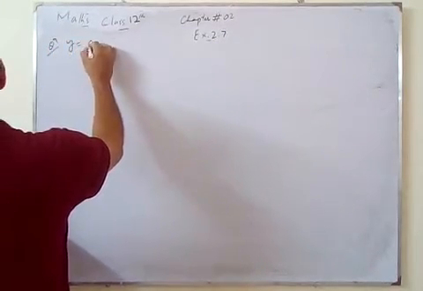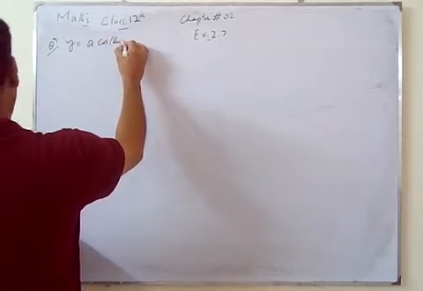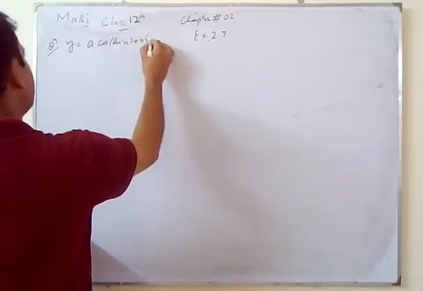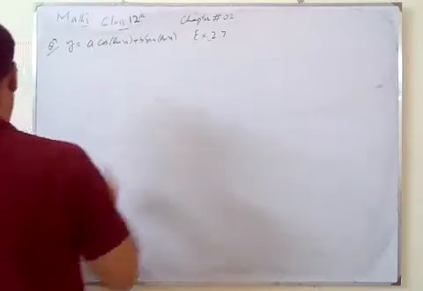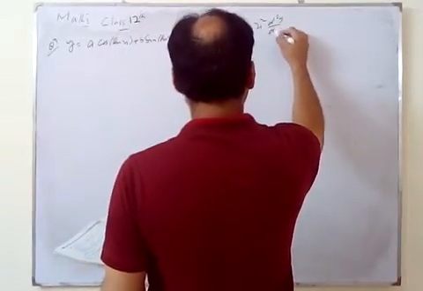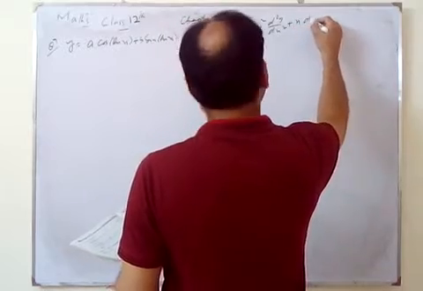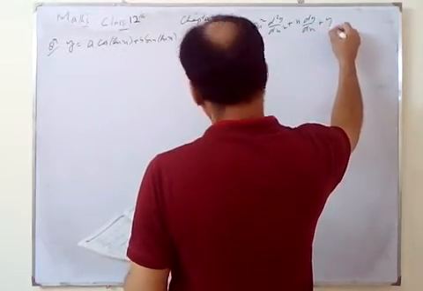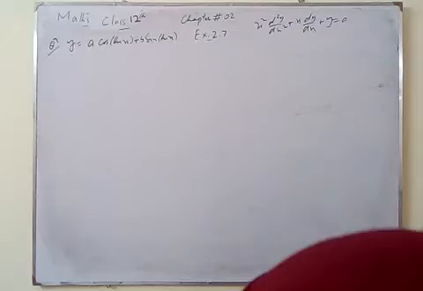Y is equal to a cos log of x plus b sin log of x, and we have to prove x square d square y by dx square plus x dy by dx plus y is equal to 0.